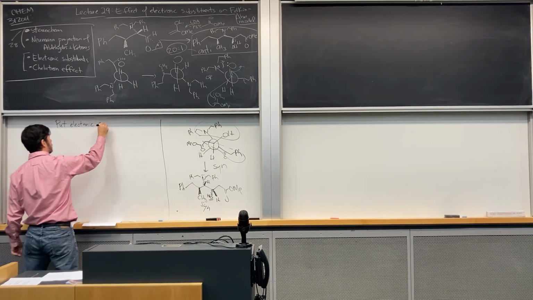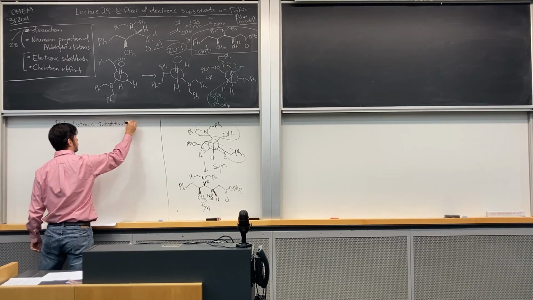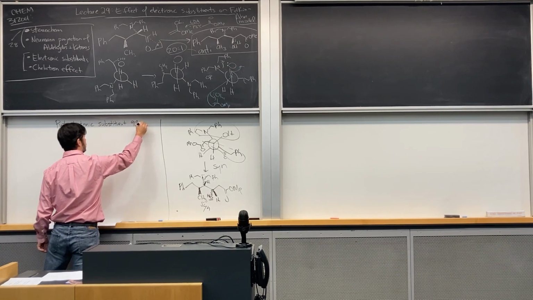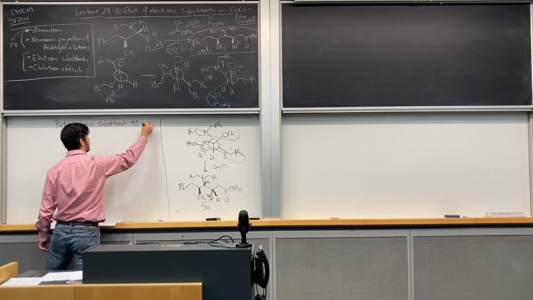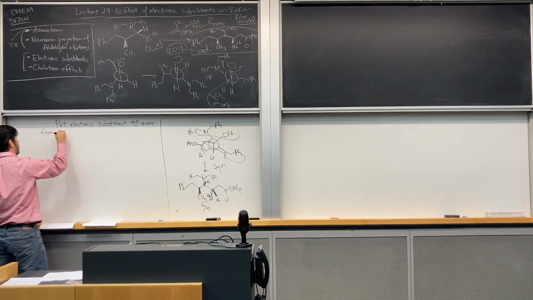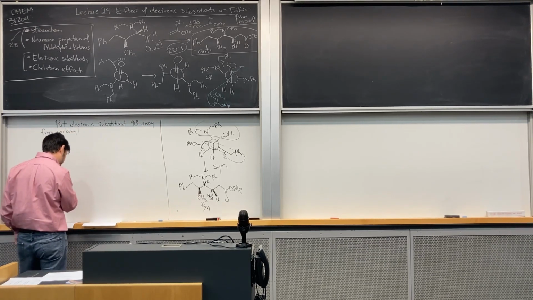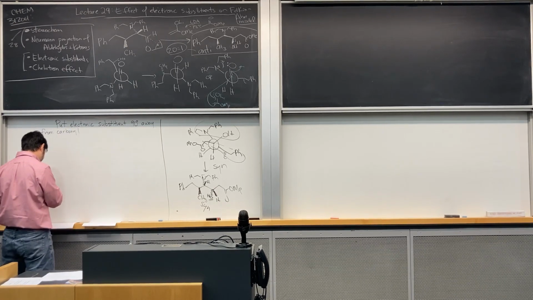So let's put the electronic substituent 90 degrees away from the carbonyl. All right, so let's take a look at the Felkin Ahn model.